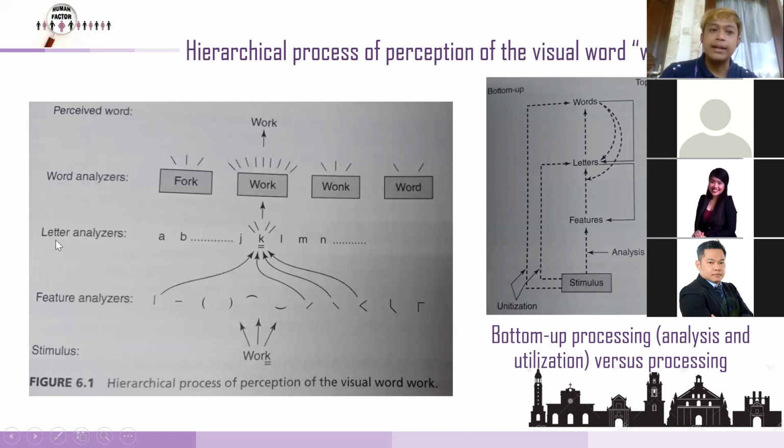And after that, you go to the letter analyzers. After that, we go to word analyzers, and after that, we have the perceived word that you see here. But here, there is not just the bottom up, but also the top down process.